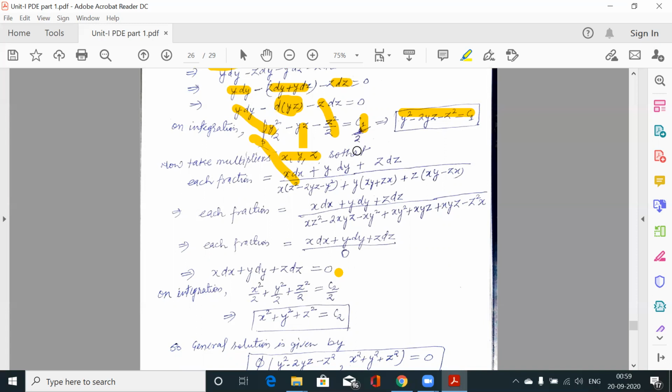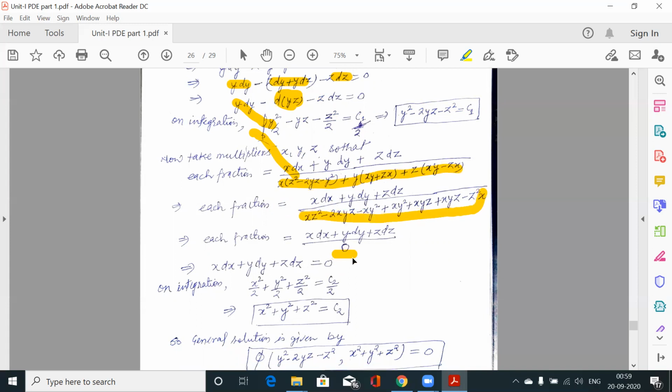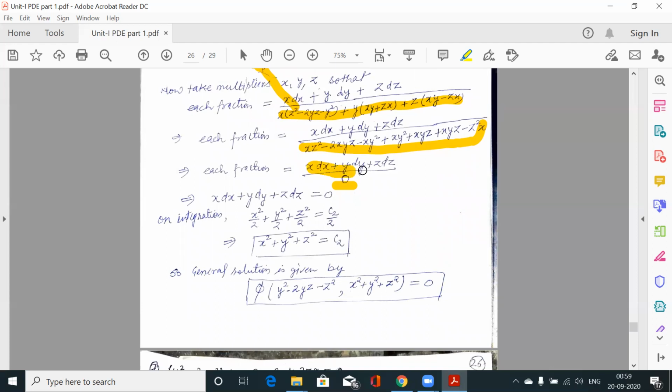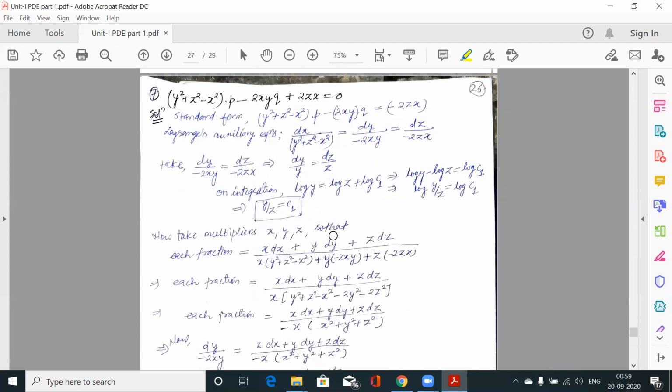You have to try all the multipliers and think of each and every multiplier. So in this case, by using the multipliers x, y, z, we get this denominator, and after simplifying we get 0. So integration is possible: x dx plus y dy plus z dz. This will give us the second solution.